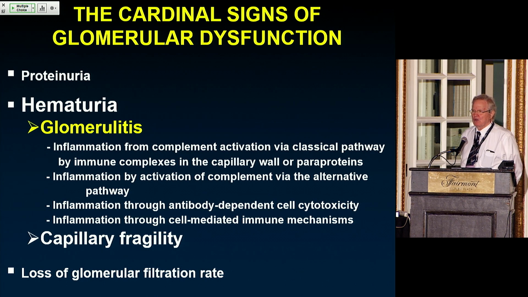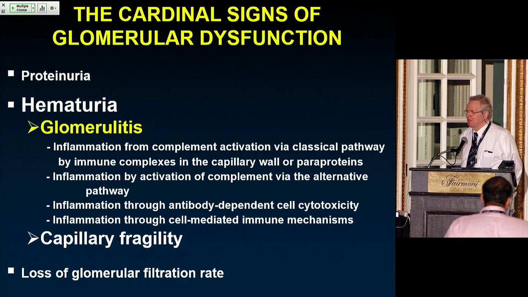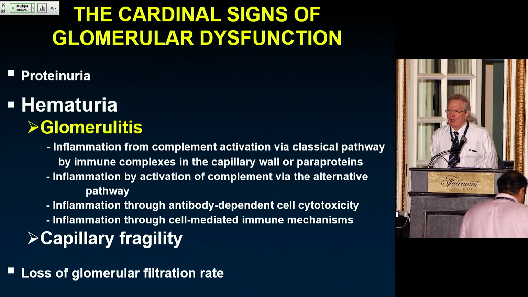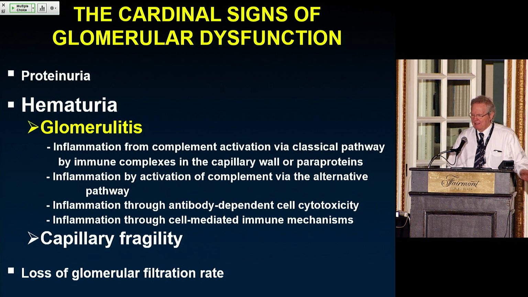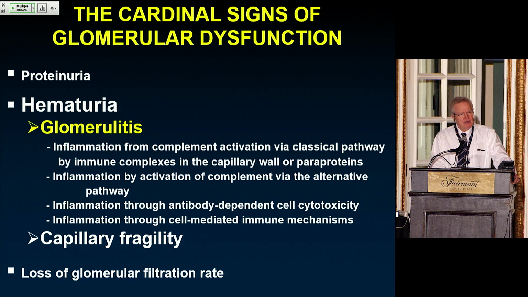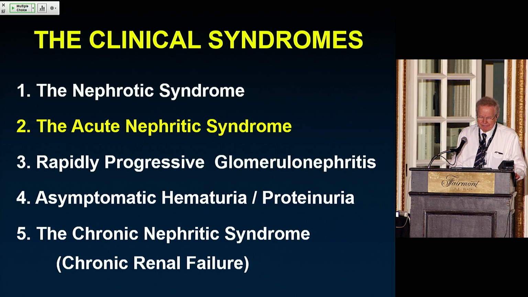And if those collagen genes are defective, you have a defective assembly of the basement membrane in the glomerulus. They are fragile because they are thinner and they break easily, and therefore hematuria of glomerular origin can also be due not to an active inflammatory component, but due to fragility of the capillaries.